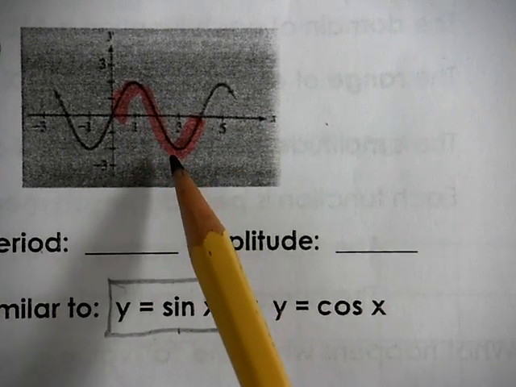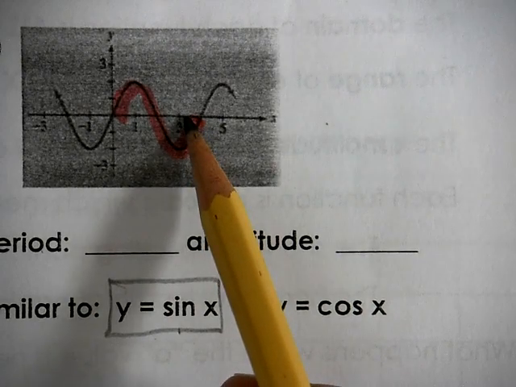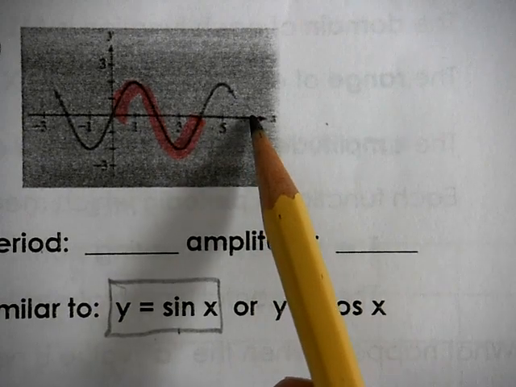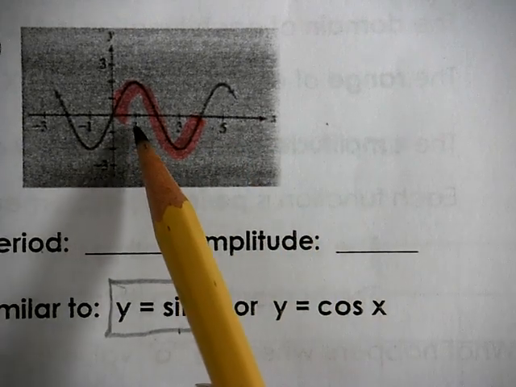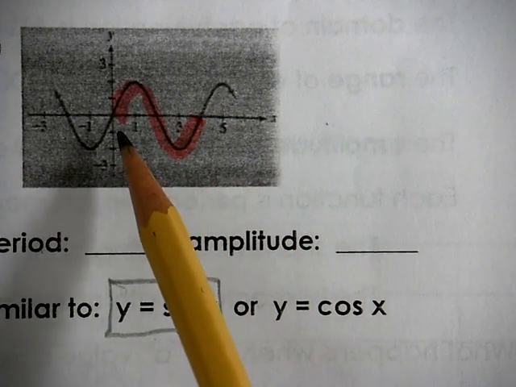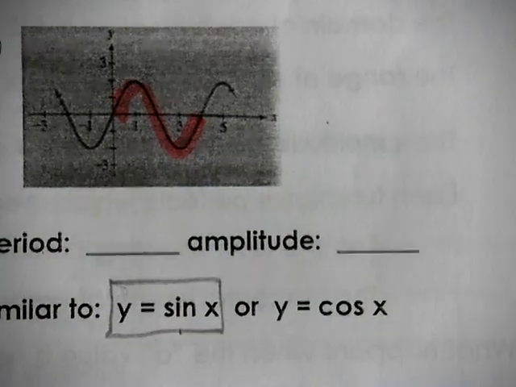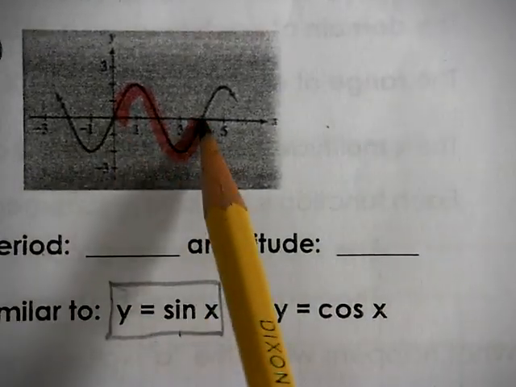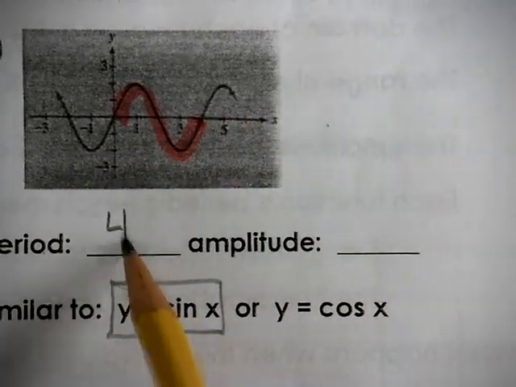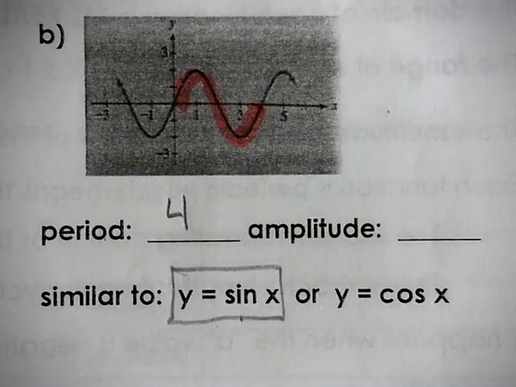Because we don't typically use those numbers. 3.14 would be pi. And 6.28 would be 2 pi. So here they're just using numbers like 1, 2, 3, and 4. These increments have removed the pi from them. Because it goes from 0 over to 4 and then starts to repeat itself, that would be called a period of 4.